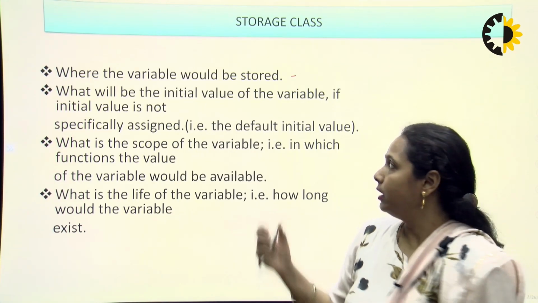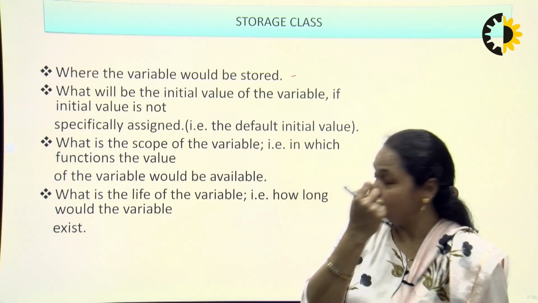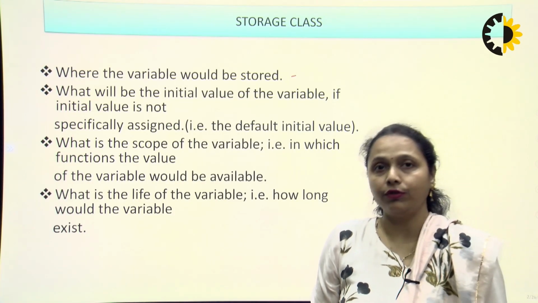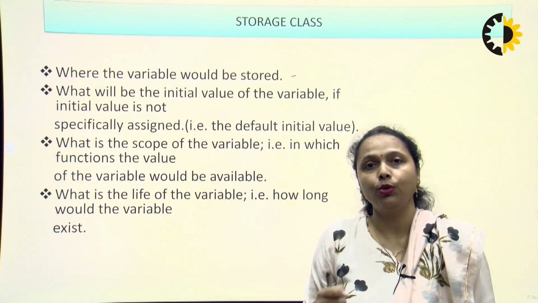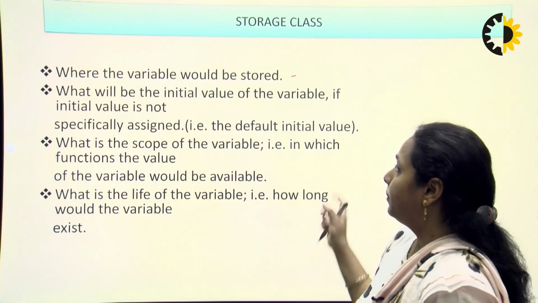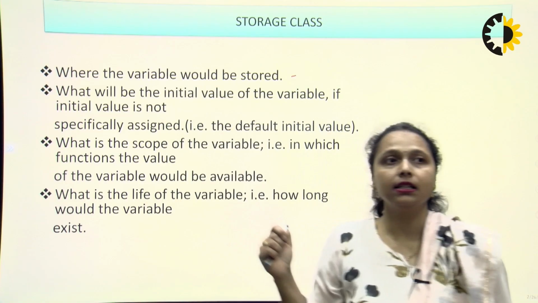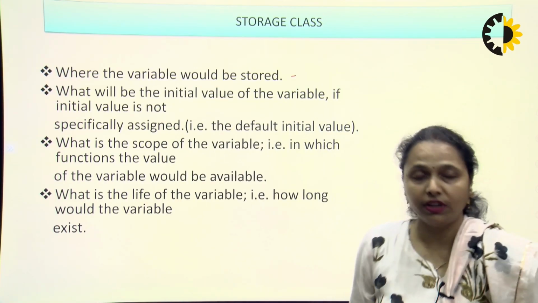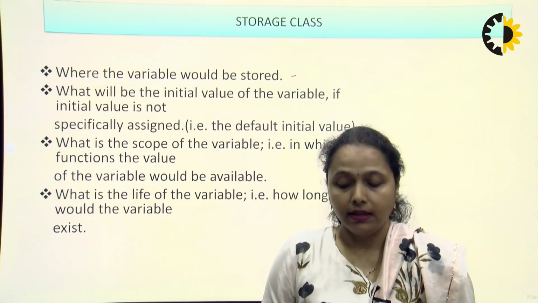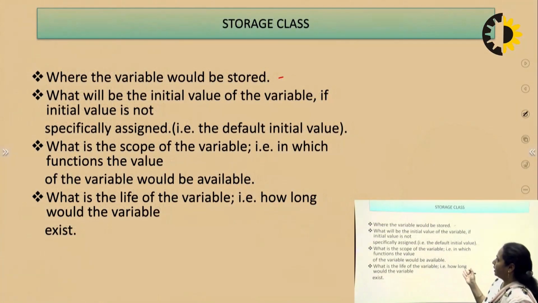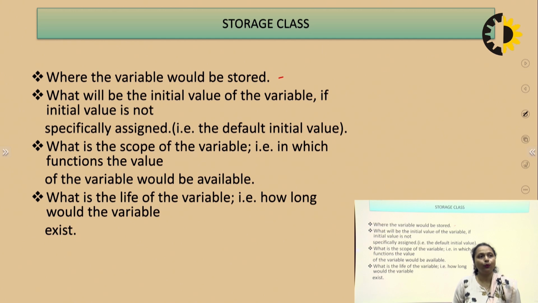Next, the second point we get to know while using a storage class is the initial default value of the variable, if we forgot to assign a value to the declared variable in the program. Next, it will tell you the scope of the variable, that is the range till which your variable is holding a certain value.